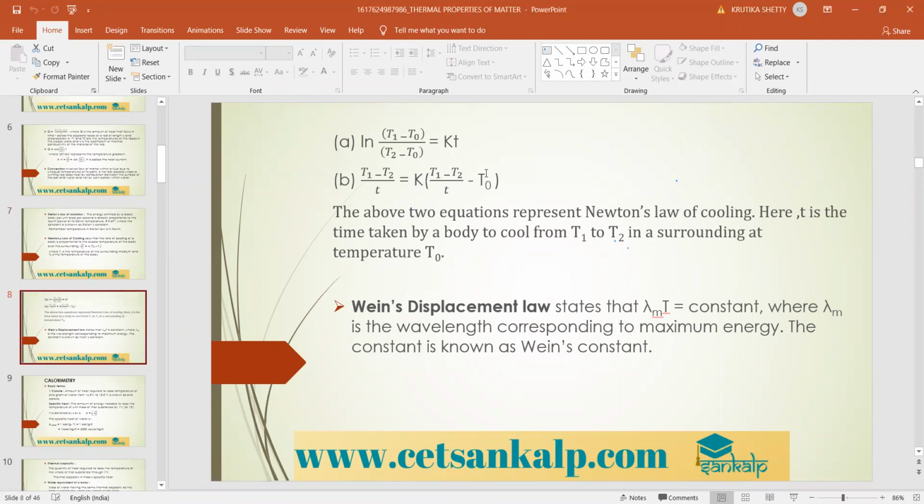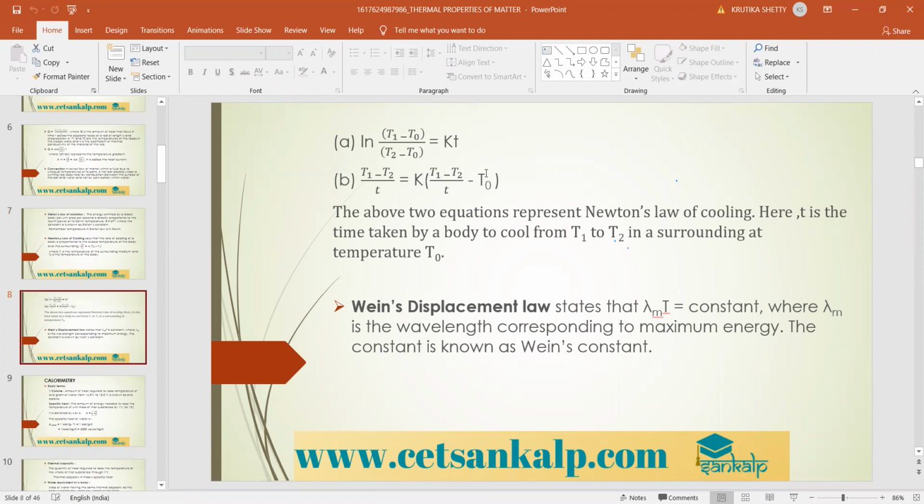the equation for Newton's law. After simplification of the law, we get ln of (T1 minus T0) divided by (T2 minus T0) is equal to K into t. Just remember the formula so that while simplifying, we can convert ln into log and simplify our equations.